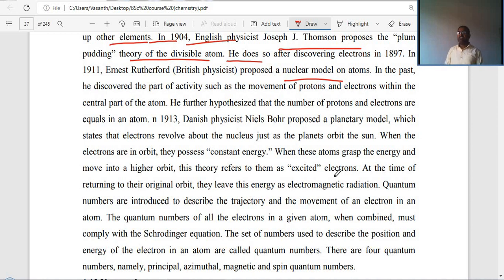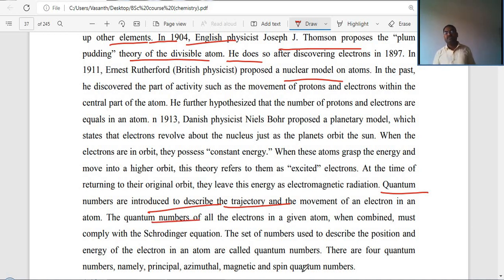Later came the discoveries of black body radiation, the photoelectric effect, the line spectrum of hydrogen, etc. Quantum numbers were introduced to describe the trajectory and movement of an electron in an atom. The quantum numbers of all the electrons in a given atom, when combined, must completely satisfy the Schrödinger equation.